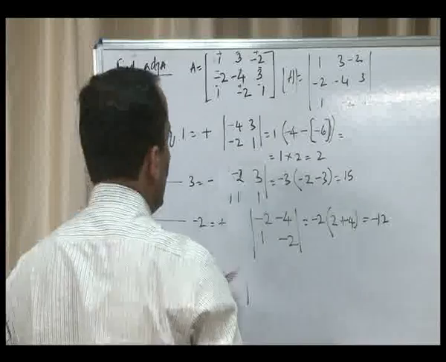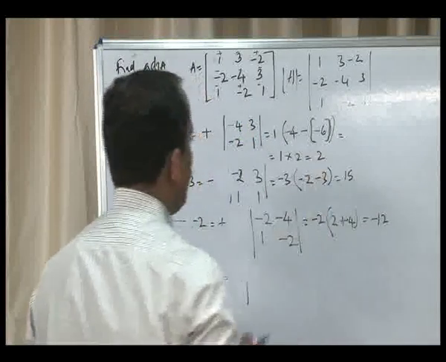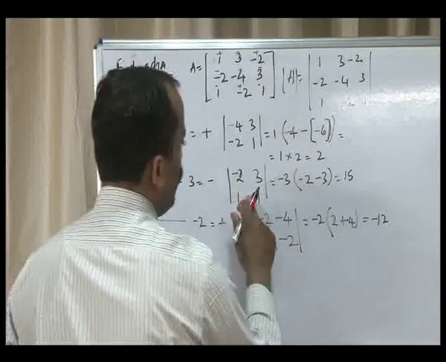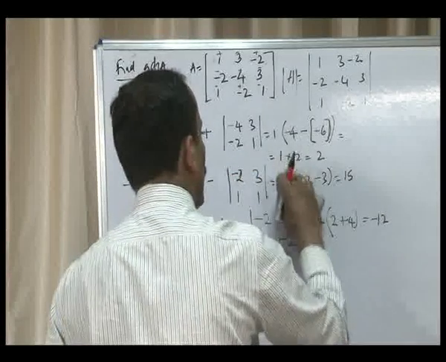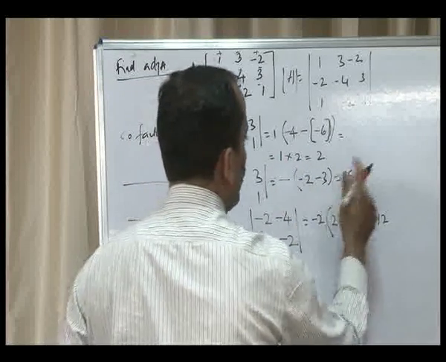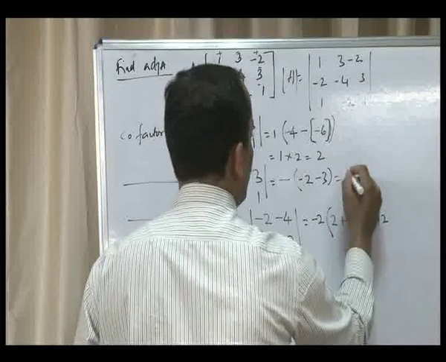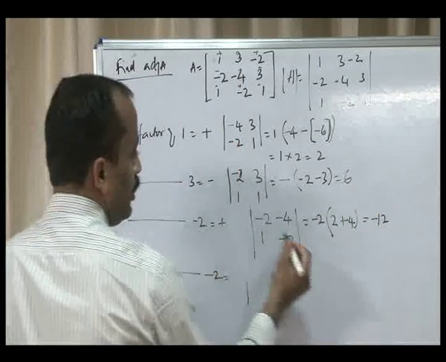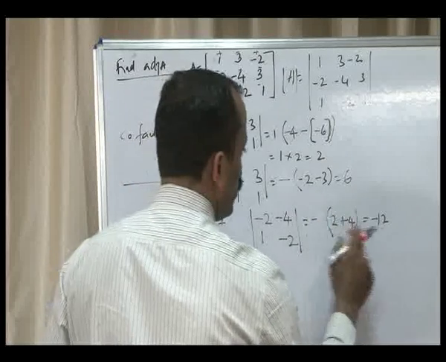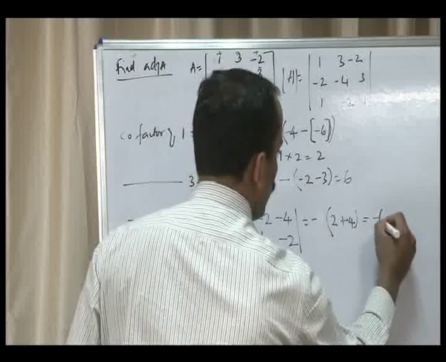This is plus minus 4, minus 2, so 1 is the same, 2, it becomes 2. This is minus into minus 6, into minus 6 is a plus 6. This is 6, this is plus into minus 2 plus 4, that is equal to 6 into minus 1, which is again minus 6. 4 plus 2 is 6.